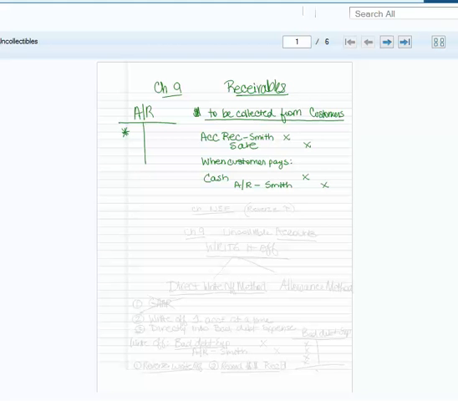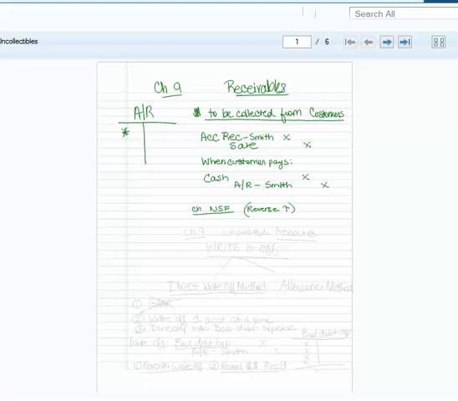Okay? And then in Chapter 8, we talked about an NSF check. And if something happens and there's a bounced check, then we had to reverse that entry that we recorded when we received the cash, right? So we had to reverse that because he would still owe us money.